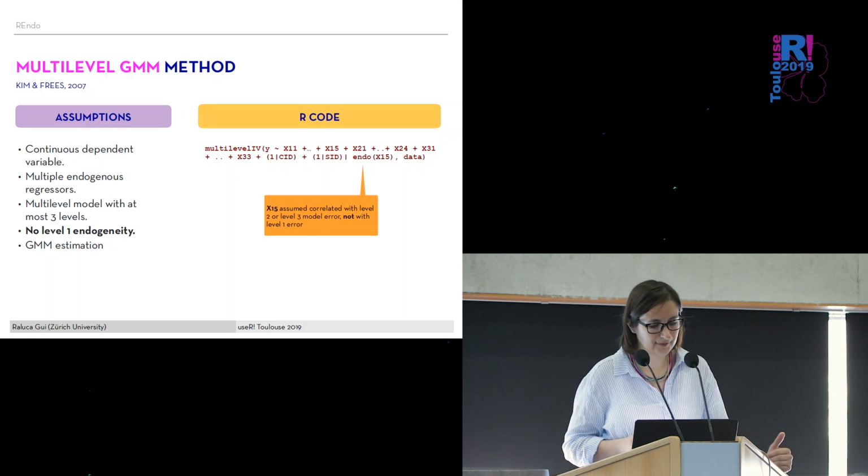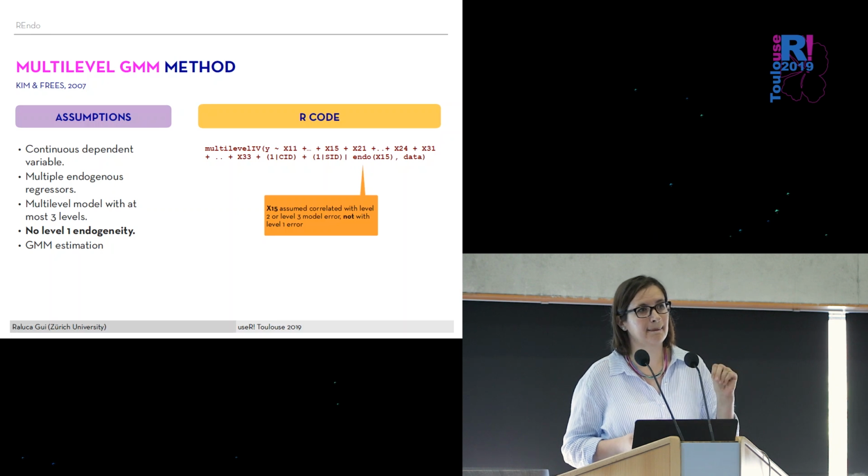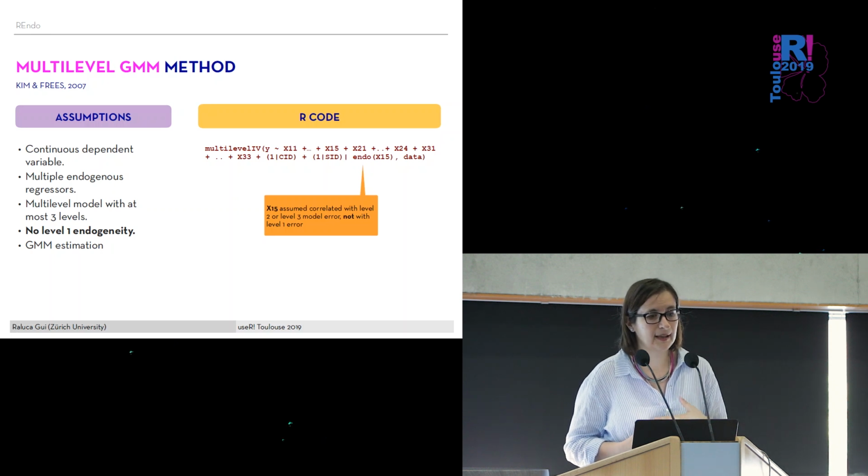The idea of the method is that we address endogeneity when the regressors are correlated with errors at a higher level. If you have a level 1 variable correlated with a level 1 error, it is not dealt with in multilevel GMM. Multilevel GMM deals only with a level 1 endogenous variable correlated with level 2 or level 3 errors.